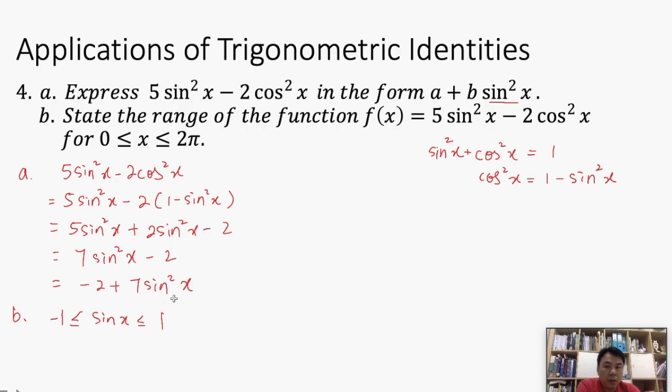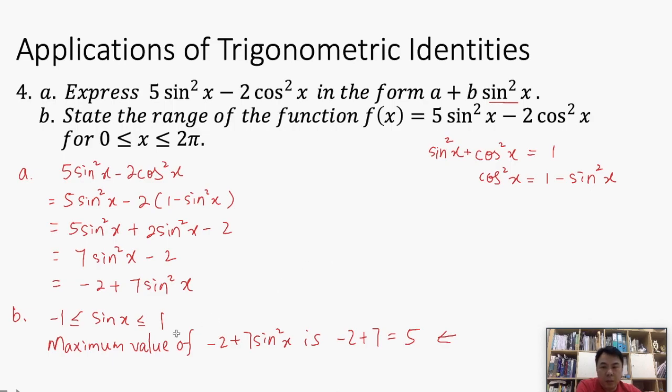So it's best for me to work out the maximum value of negative 2 plus 7 sine square x. Because the maximum value for sine x is 1, the maximum value for this is negative 2 plus 7, which is equal to 5. This is the maximum value.